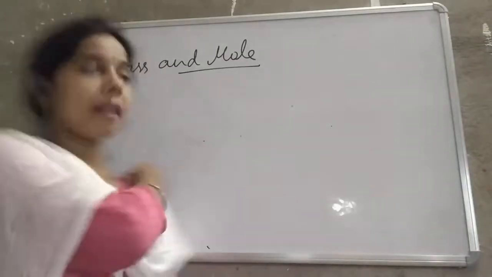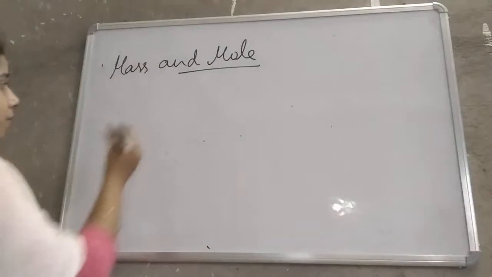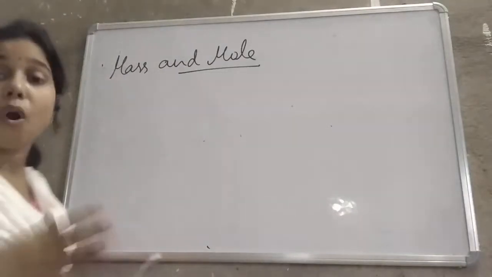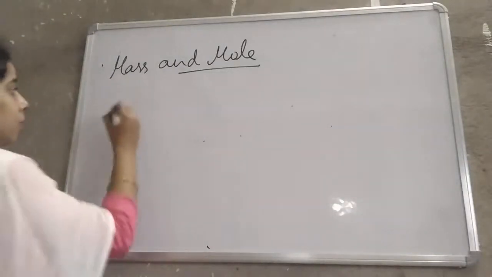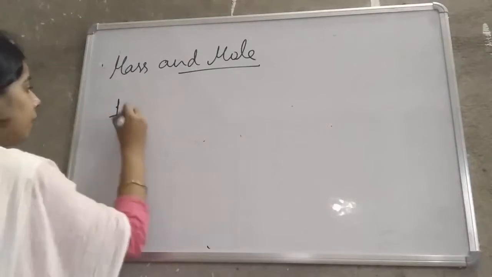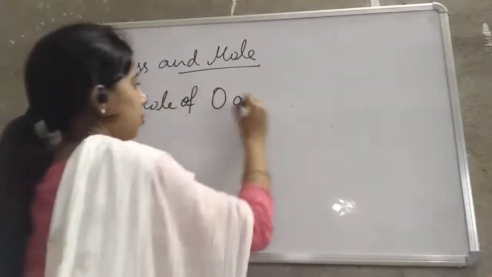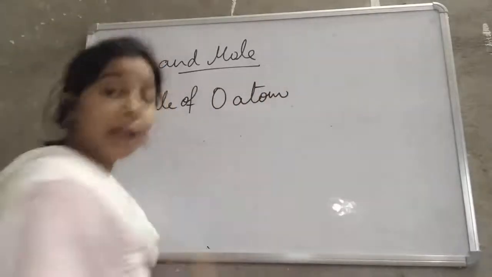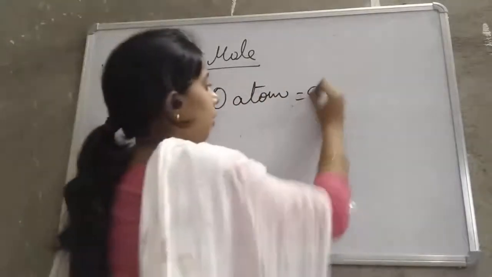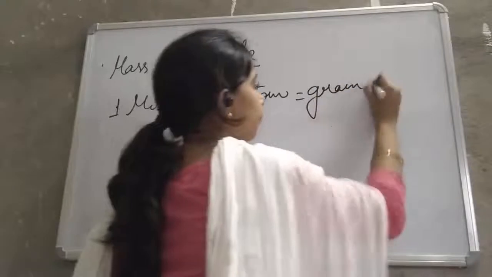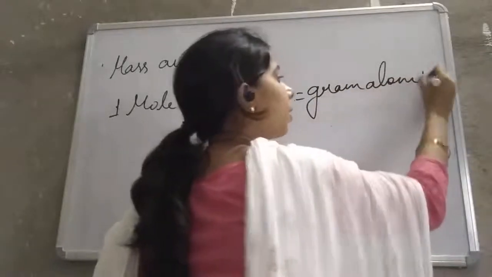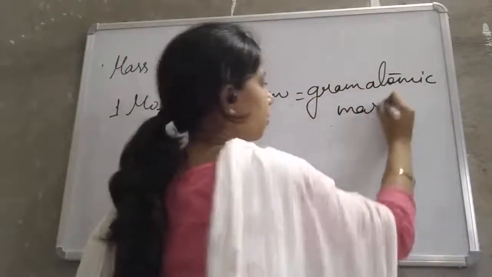We can understand this with the mass of 1 mole of oxygen atoms, which equals the gram atomic mass.